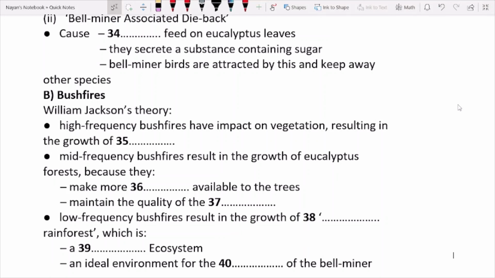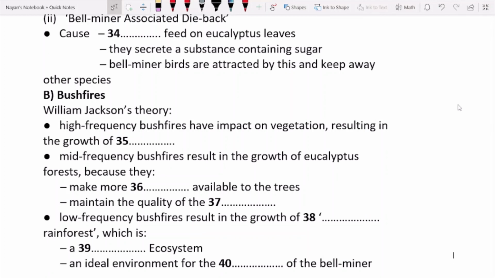If these other quick-growing species of bushes and plants are allowed to proliferate, they harm the eucalyptus in another way by affecting the composition of the soil and removing nutrients from it. So some bushfires are actually essential for the eucalyptus to survive as long as they are not too frequent.